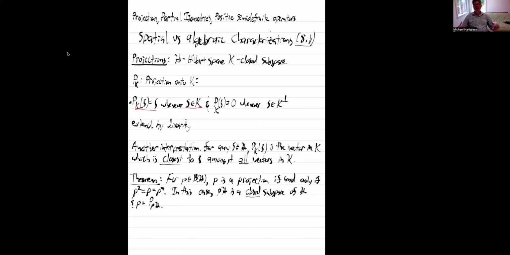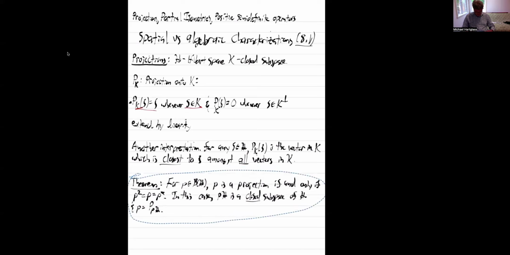That is, any self-adjoint operator that squares to itself is automatically going to be the projection onto its range. Okay, let's prove this theorem.